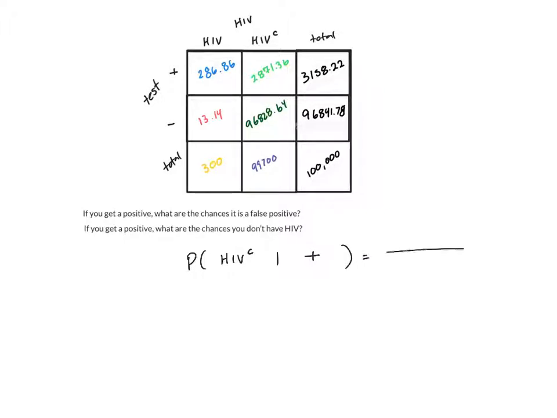When I set up this probability here, I'm narrowing it down to if you get a positive, which means up on the table, I need to find the total number of people who got a positive. I can find that by taking the positive row, tracing it across to get the total number. So that is, according to my made-up sample of 100,000 people, 3,158.22 of them would get a positive.